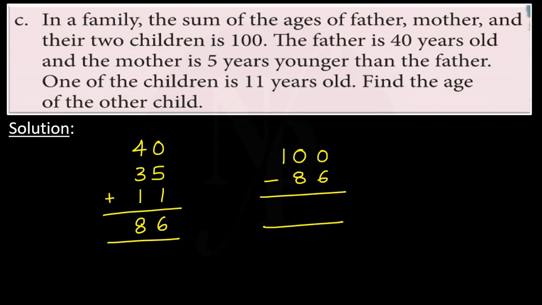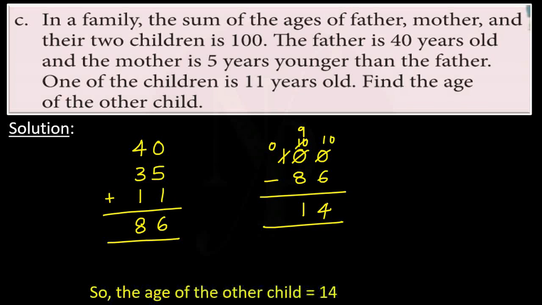Here subtracting 6 from 0 is not possible, we have to regroup here. So this will be 0, you make this 10, and again this will regroup, you make this 9 and you will make this 10. Subtracting 6 from 10 you get 4, and subtracting 8 from 9 you get 1, 14.